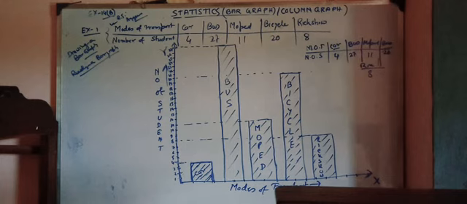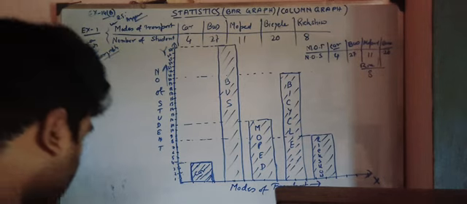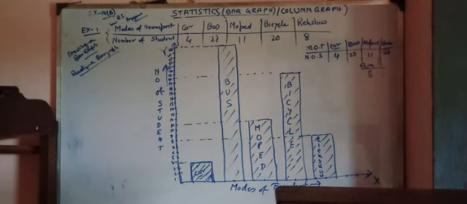Next, come to another topic. The topic is related to histogram. Bar graph, next come to histogram. What is histogram? This topic was from bar graph. Next topic is from histogram.